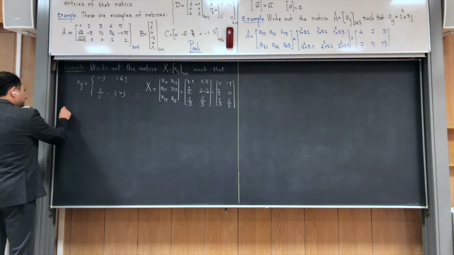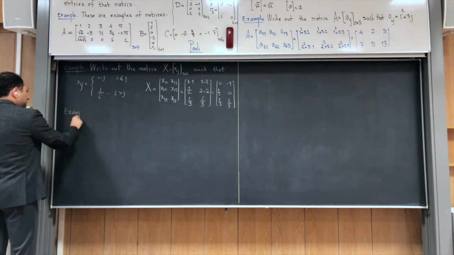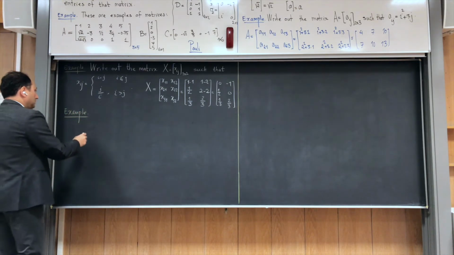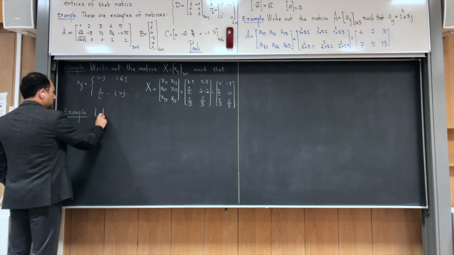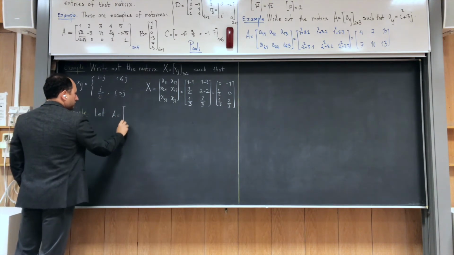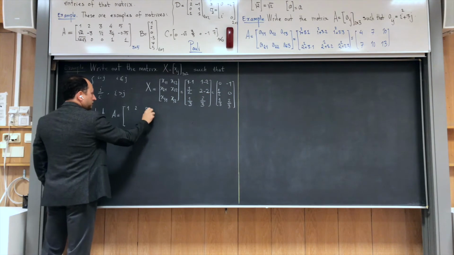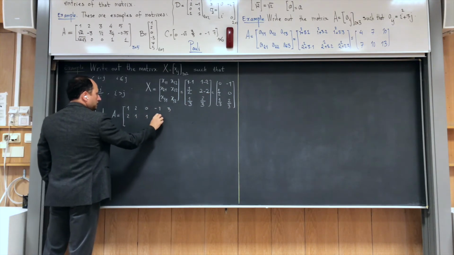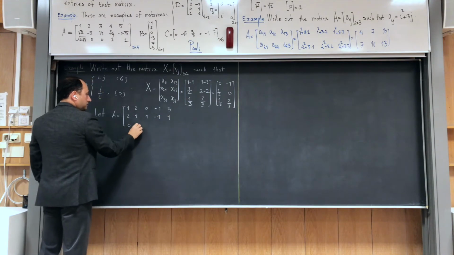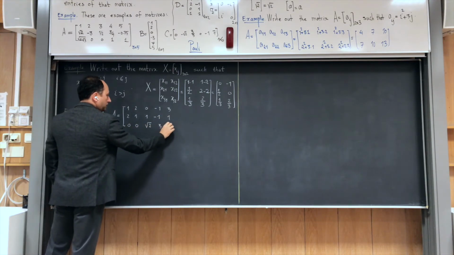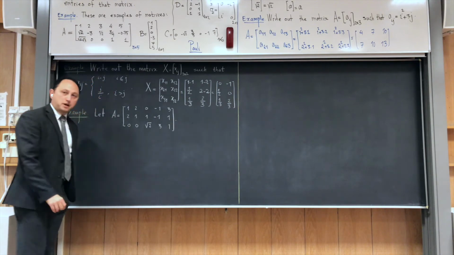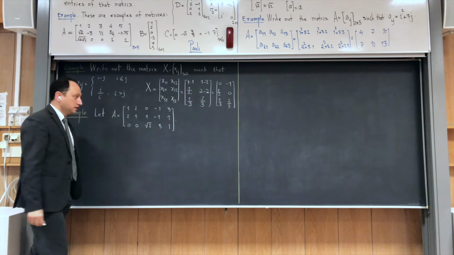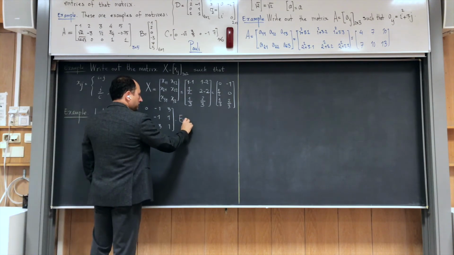So for example, let A be this matrix: 1, 2, 0, minus 1, 3, 2, 1, 1, minus 1, 1, 0, 0, square root of 2, 3, and 1. Yes, for example, this is a 2 by 1, 2, 3, 4, 5 matrix. Evaluate this expression.